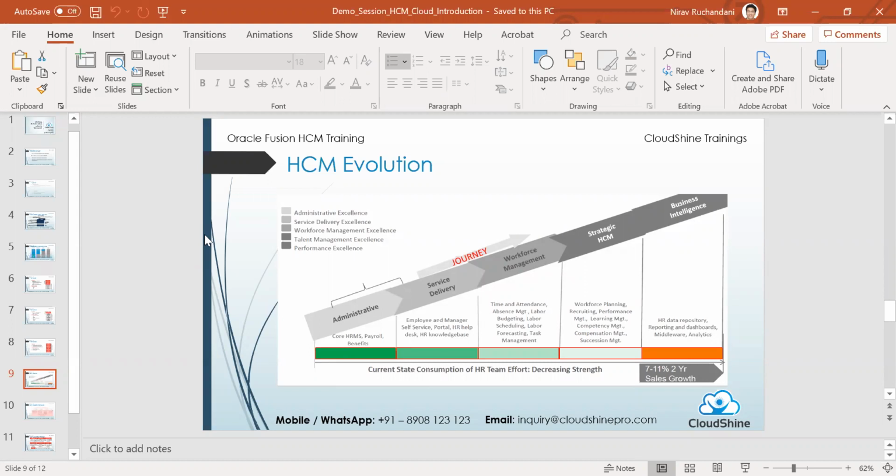And of course, to add to this, which is not reflected in this slide, is an element of AI to it as well.